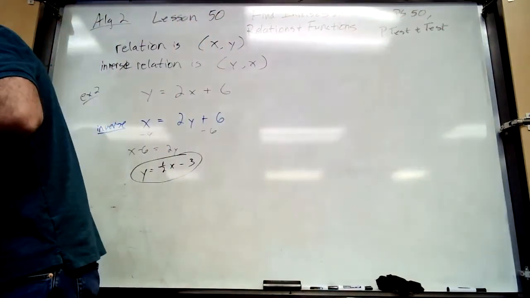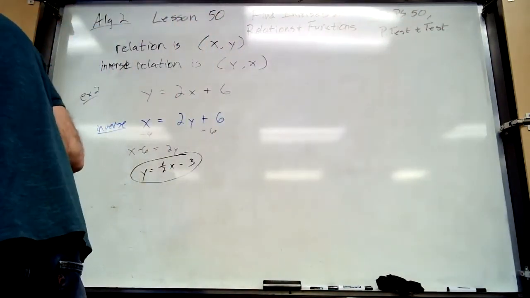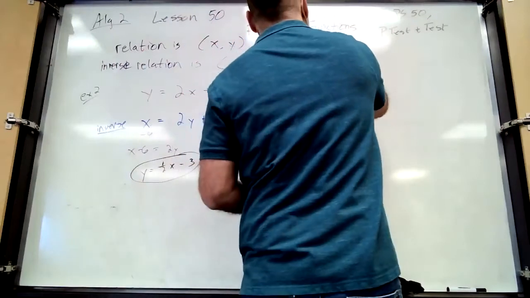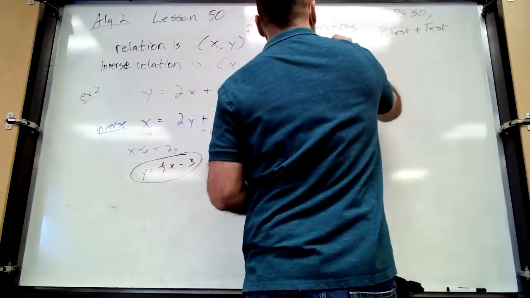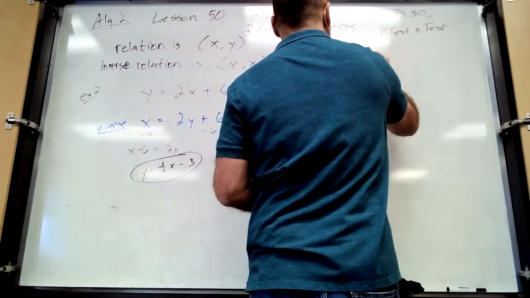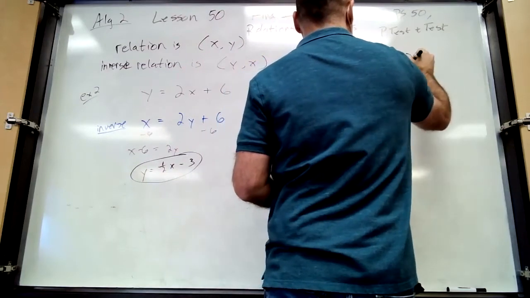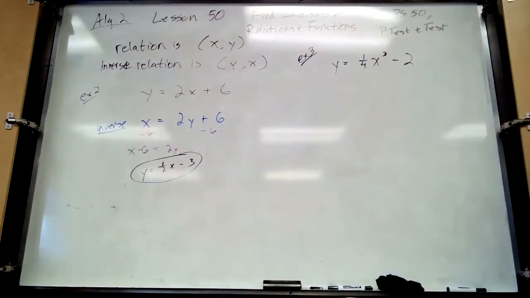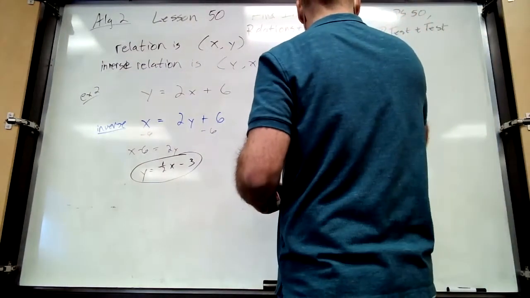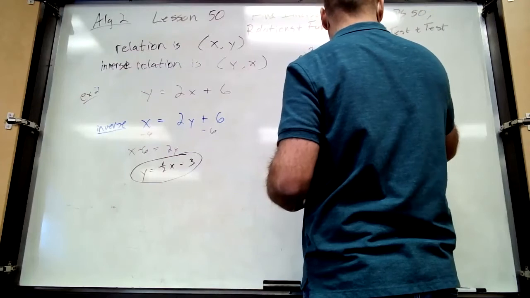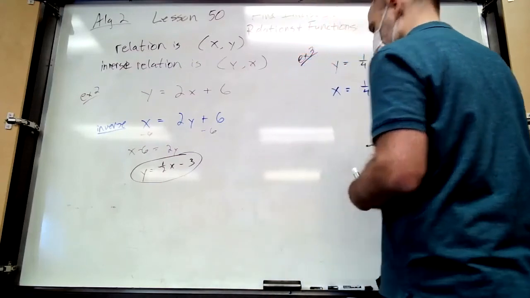Here's example 3, y equals 1/4 x cubed minus 2. No problem. Let's reverse the x and y. x equals 1/4 y cubed minus 2. So let's get y by itself.